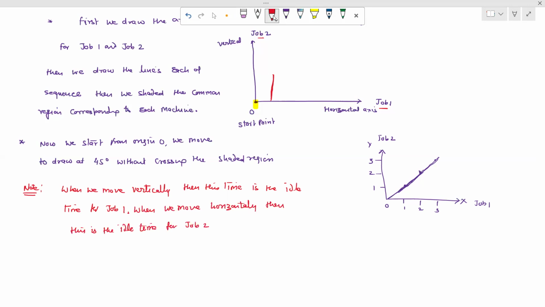We are moving towards the horizontal axis, that means we are working on job 1, so job 2 has the idle time.